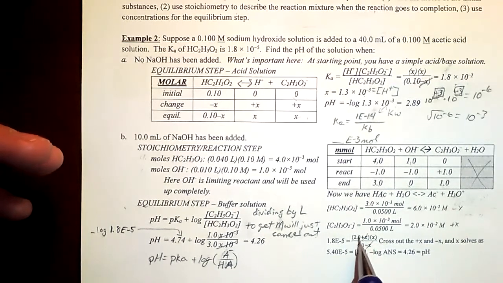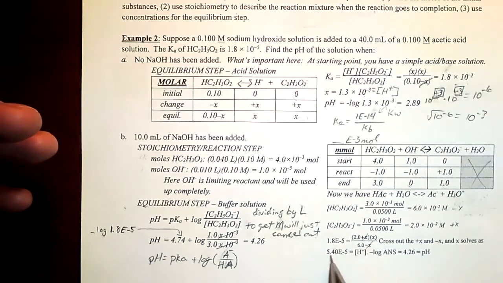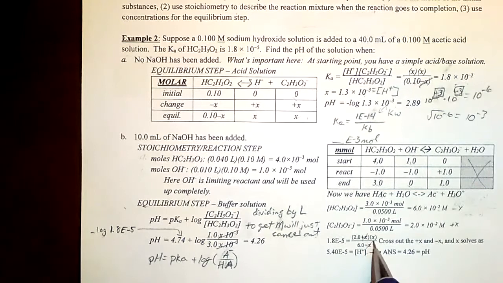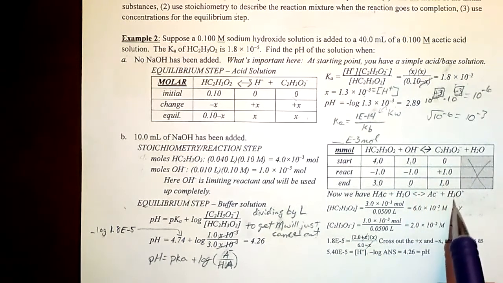So when I take this, it also reduces to 1/3, and when I divide by 1/3, I get this, and that is x, and x is H plus, or H3O plus, and negative log of that will give me pH. So you can do it either way.